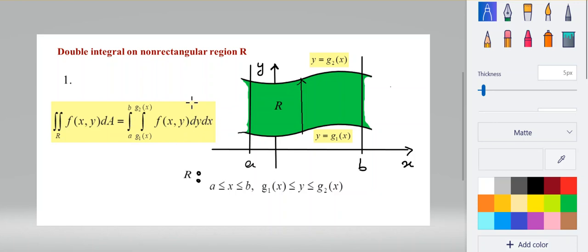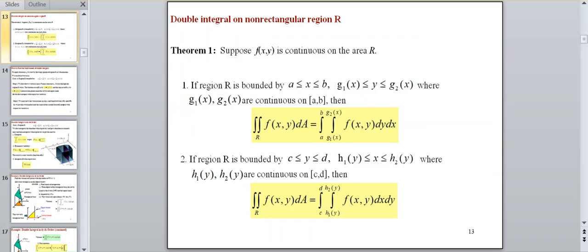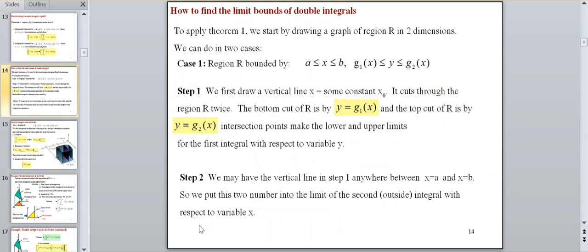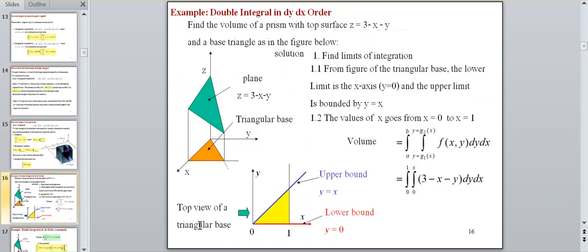Then the second time we integrate with respect to x, and then we can find the answer. Regarding this first case, let's check some examples. Here you can see the explanation for case 1. So let's move on to page 16.